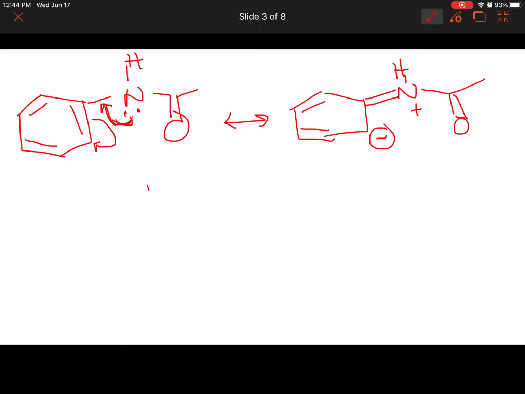Okay. And then we can draw another resonance structure where this negative 1 charge, meaning 2 electrons, forms a pi bond with the next bond, and then this bond opens up and goes to this carbon. 2 electrons is the alternate carbon that is carrying the negative charge.